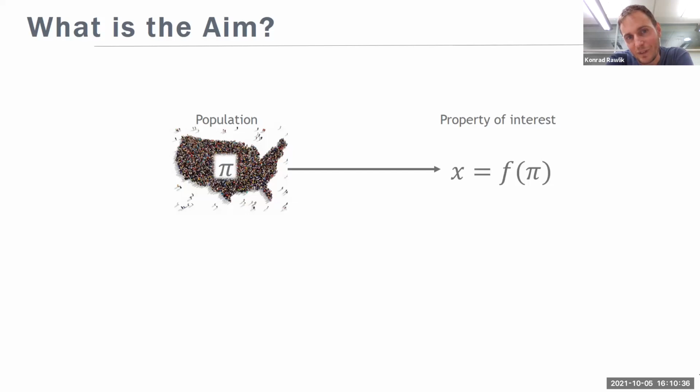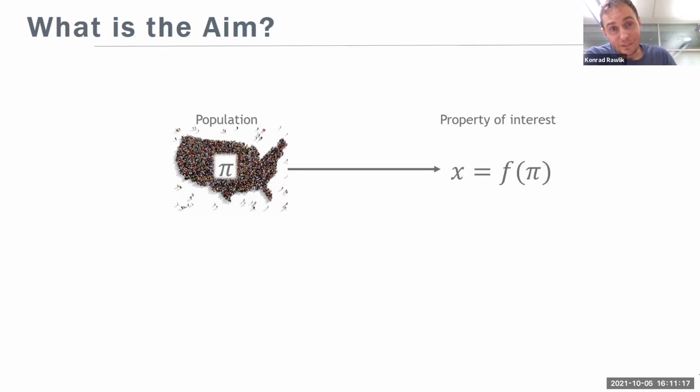So what I will assume we want to do in statistical genetics, obviously other people might have other ideas, is we have some population in the real world out there, and this population is governed by some process pi, and we're interested in computing some property of the population to learn something about the population. It could be something very simple, like we just want to know the expected height of an individual in the population, or in our case, we want to know what is the SNP heritability in that population out there.